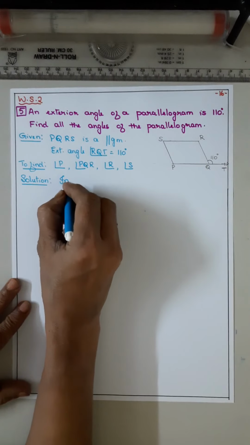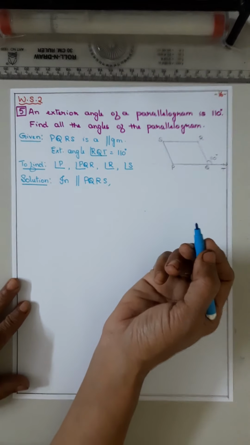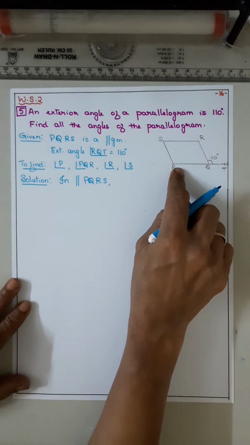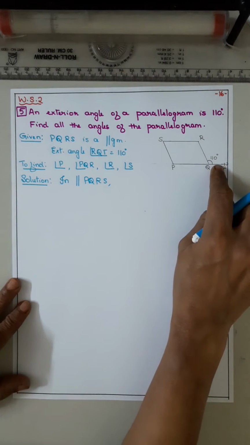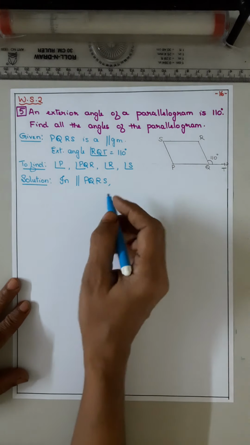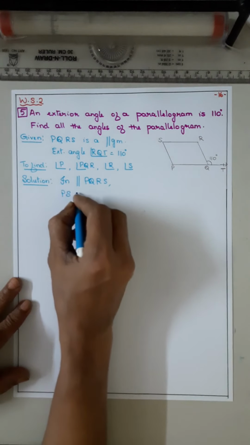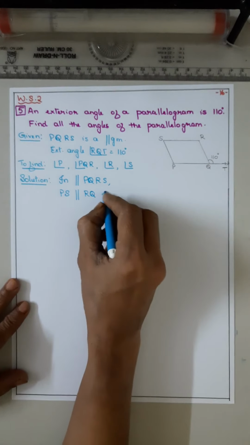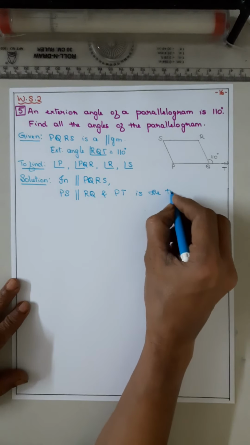In parallelogram PQRS, PS is parallel to RQ and PT is the transversal.